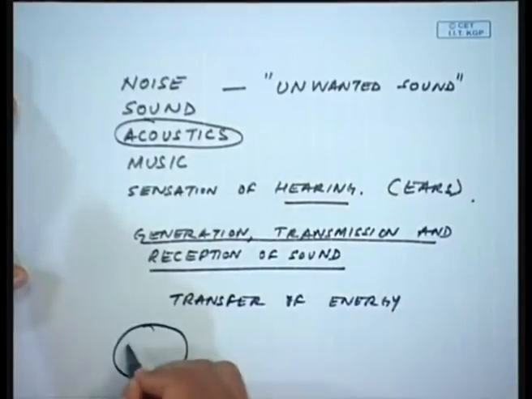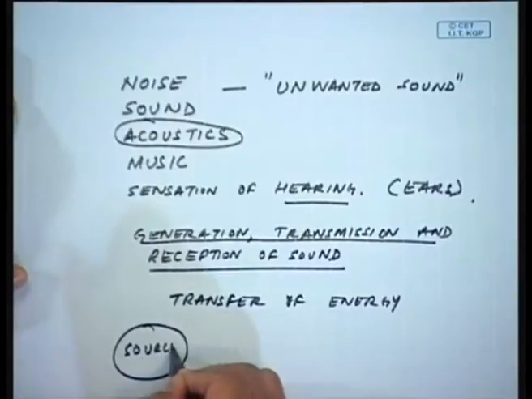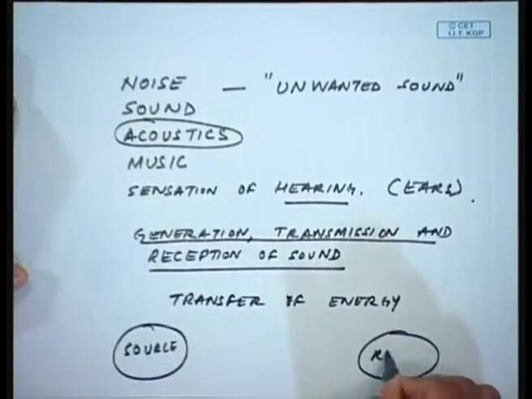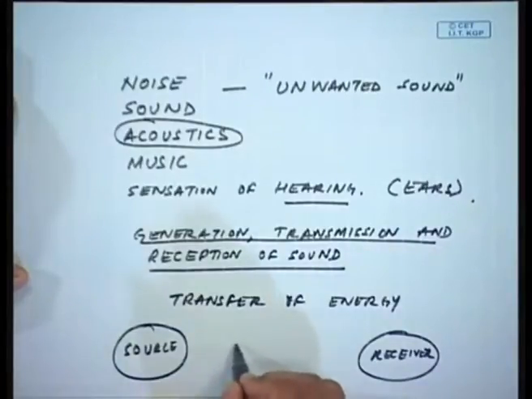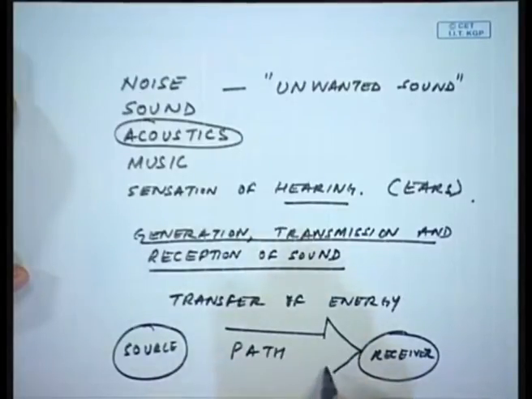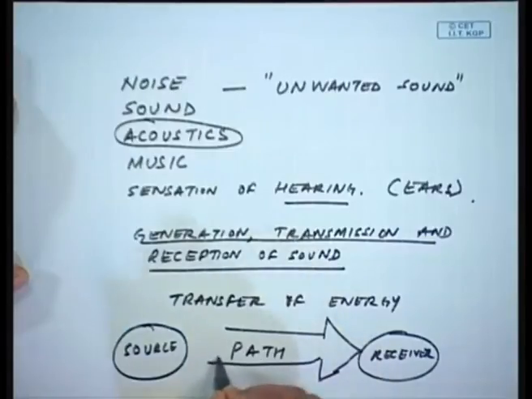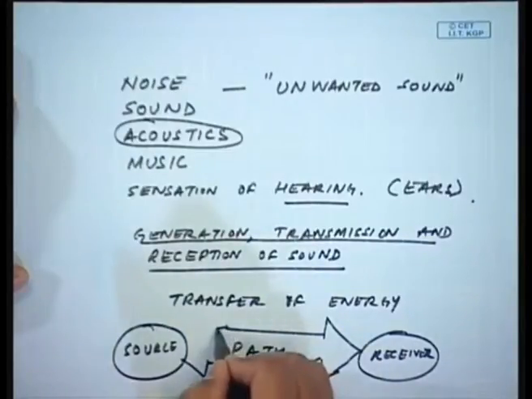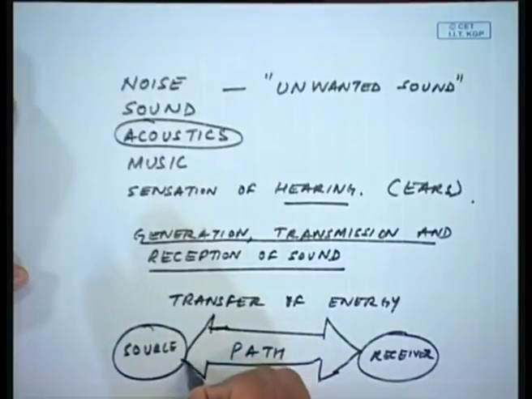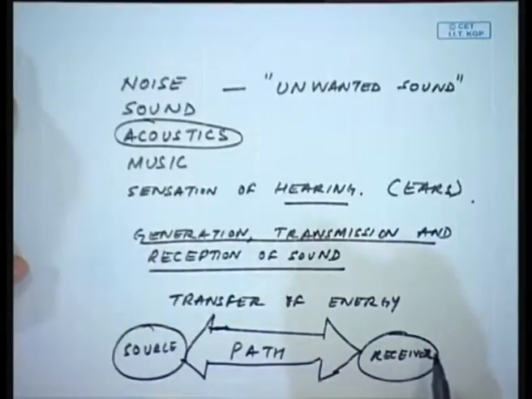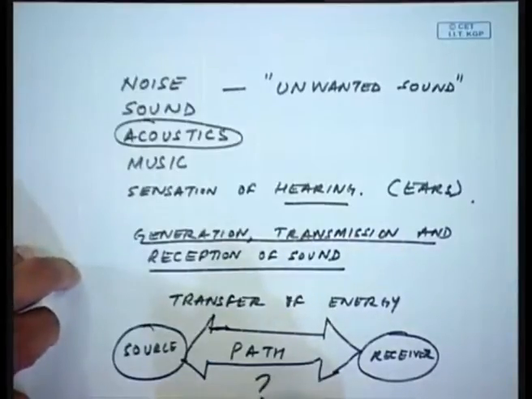From a source to a receiver, and obviously this requires a path. Okay. There is a path which is connecting the source and the receiver, and this energy gets transferred. And then what is this path?